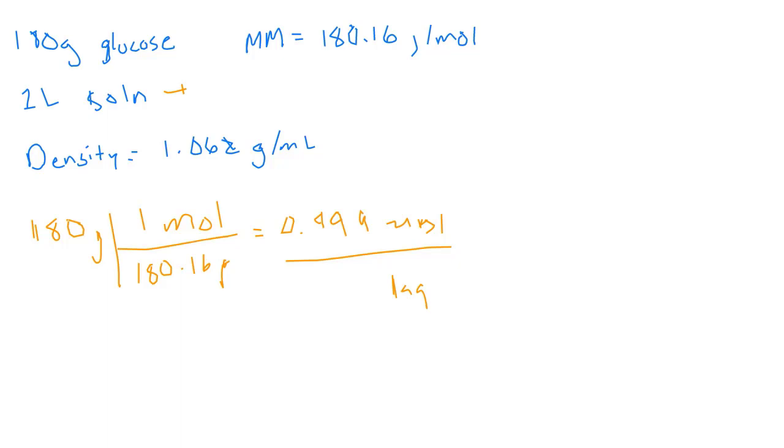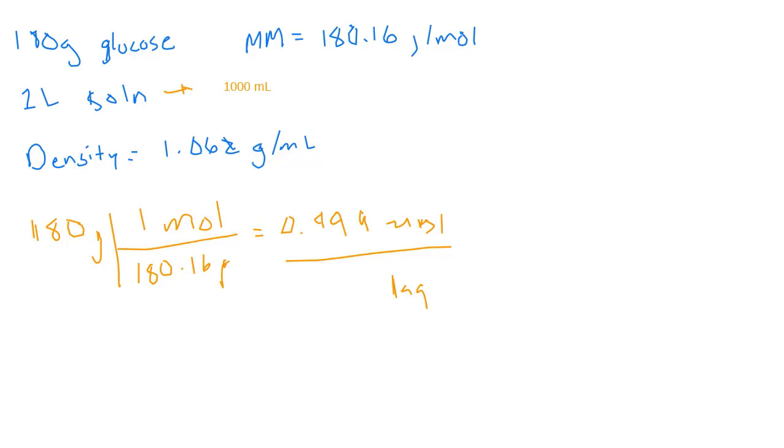Yeah, you're right. I always forget to use the text box. Let me try using the text box sometimes. So if we're using our density formula, let's convert to milliliters, because our density was given to us in terms of milliliters. 1 liter is going to be 1,000 milliliters, right?